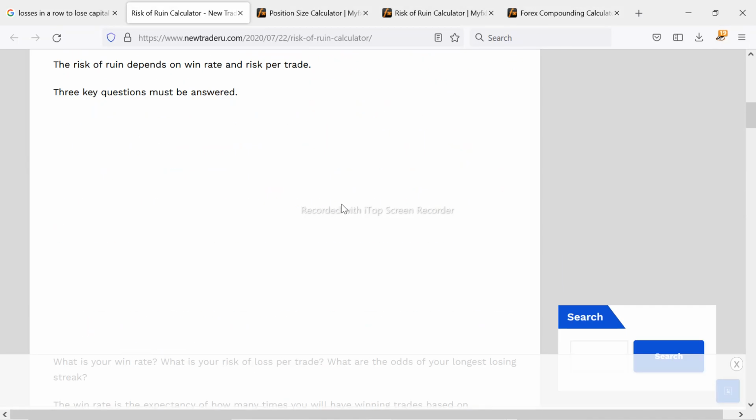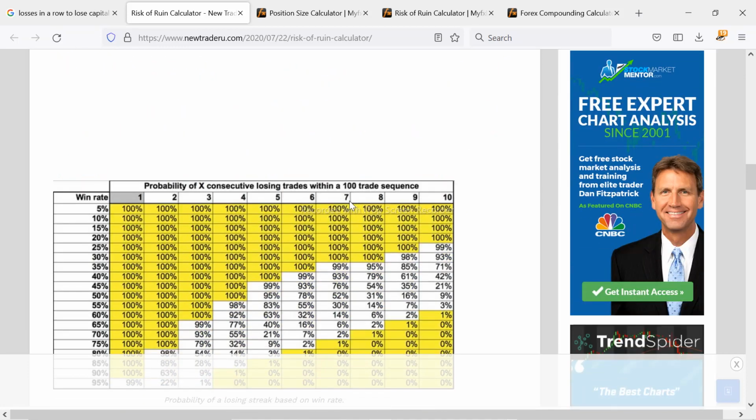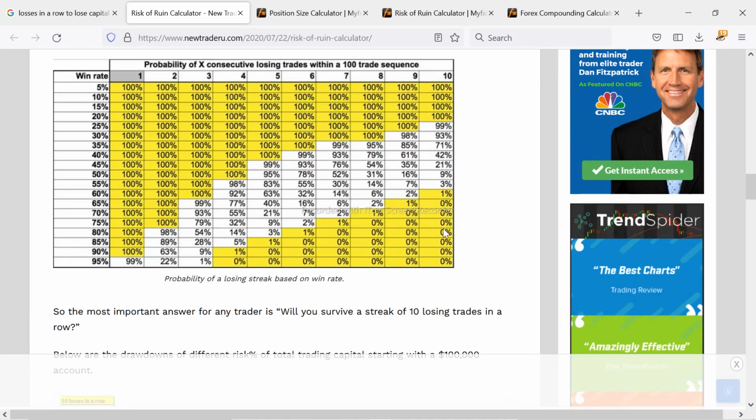this is an article in New Trader University where they calculated the probability of X amount of losses in a row within 100 trades. Basically, they do a standard calculation.